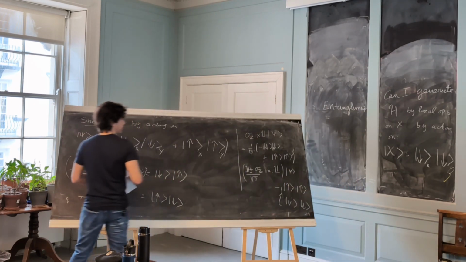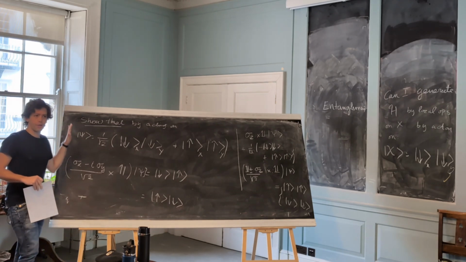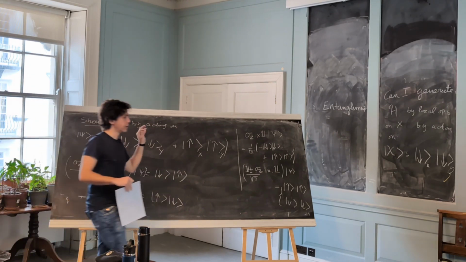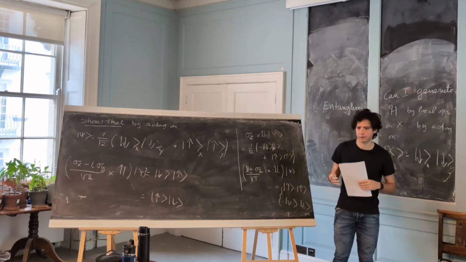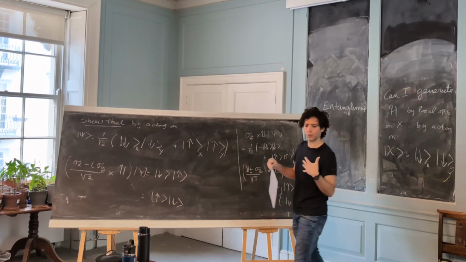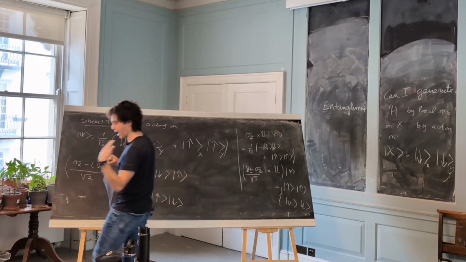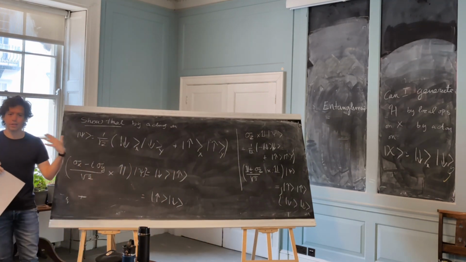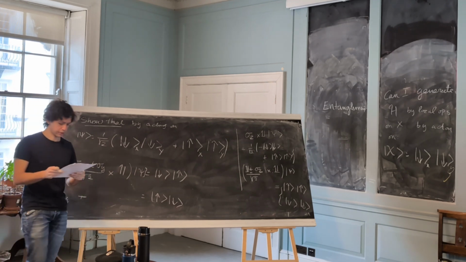The important thing is that this is an entangled state. Remember, we showed that the Minkowski vacuum is entangled. Just go into Rindler coordinates, and you see that the Minkowski vacuum is a highly entangled state when you think about it in terms of the Rindler creation operators.